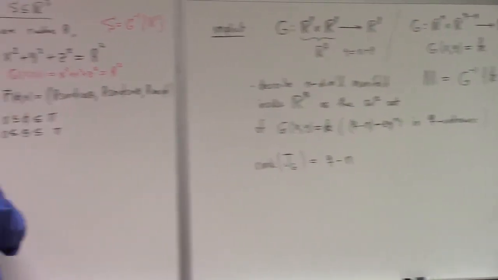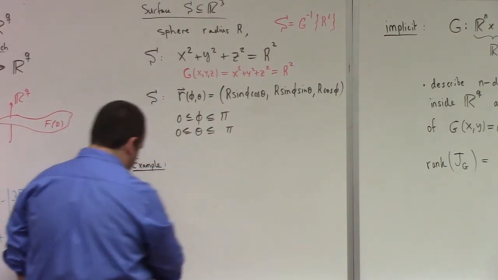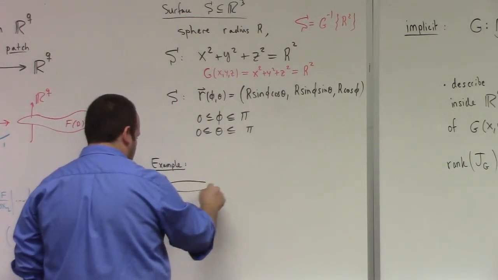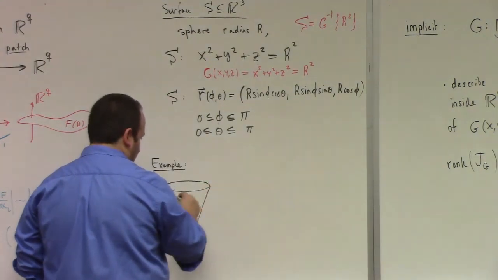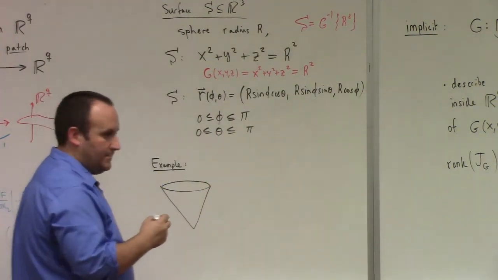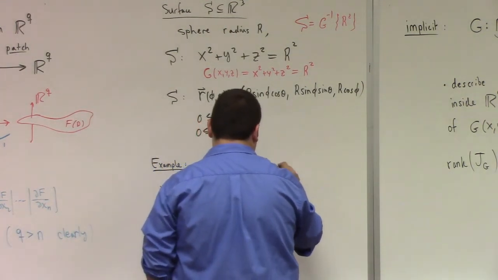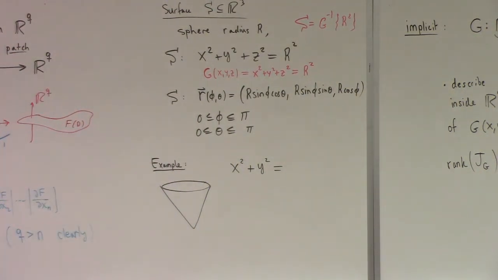Example. So how about this? What's the equation of this thing? A cone, right? x squared plus y squared equals z squared.